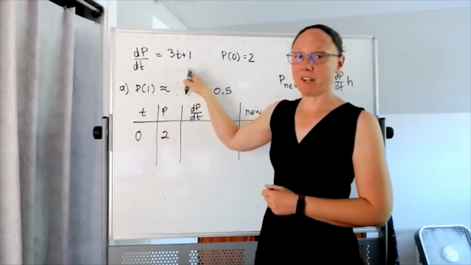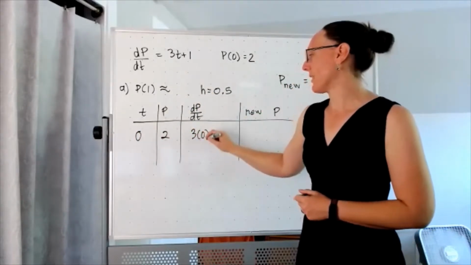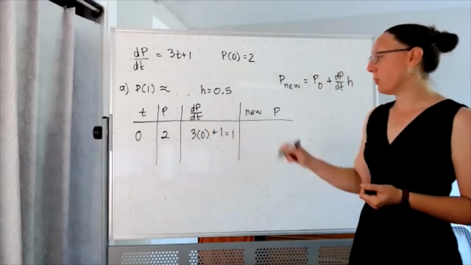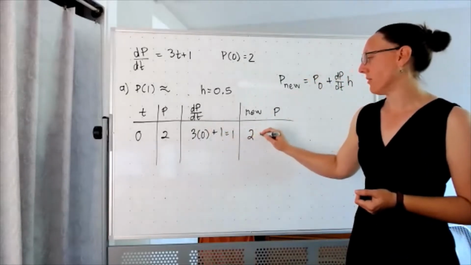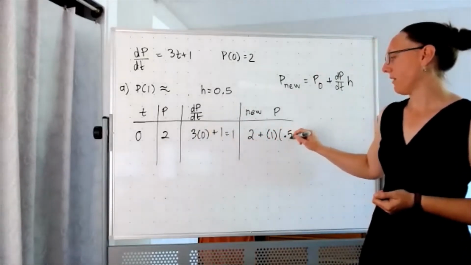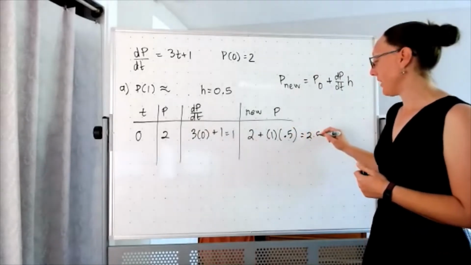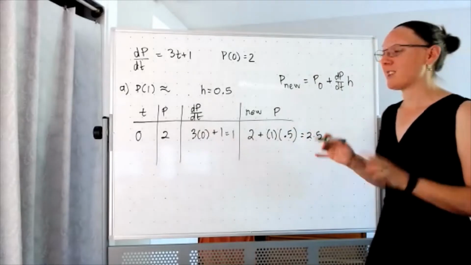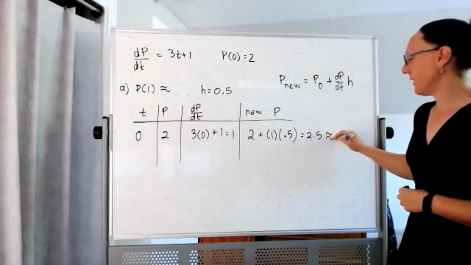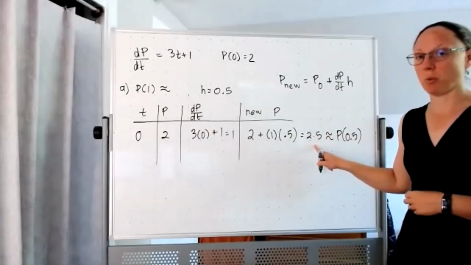Well, plugging that into my differential equation, that means that dP/dt would be equal to 3 times 0 plus 1, or 1. Which means my new P value, we're starting at 2, and we'll move in the direction of the slope 0.5 of a time step. That's going to give me a value of 2.5. So if I were to pause here, that 2.5 means P of 0.5 is approximately 2.5.